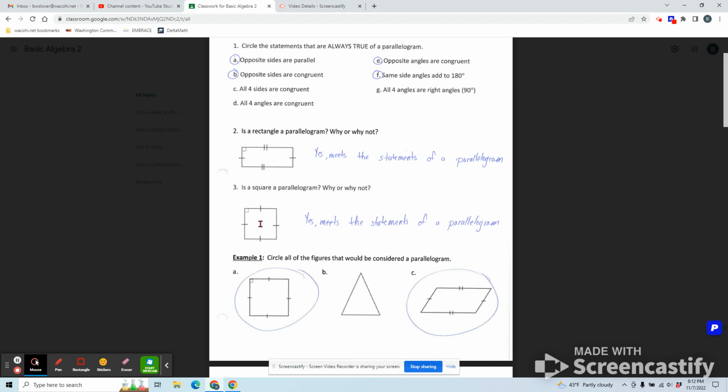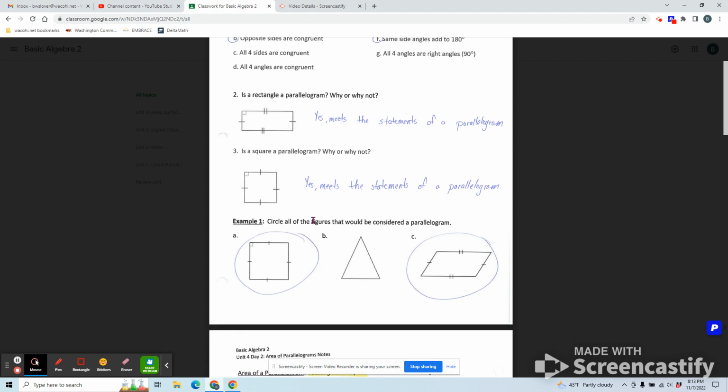Maybe you have a Chevy, maybe you have a Ford Taurus, maybe you have a Honda Elantra. They're all different types of cars, but they are all automobiles. The automobile is the big umbrella. The parallelogram is the big umbrella. The rectangle is a specific type. The square is a specific type of parallelogram. So that's why it is a parallelogram.